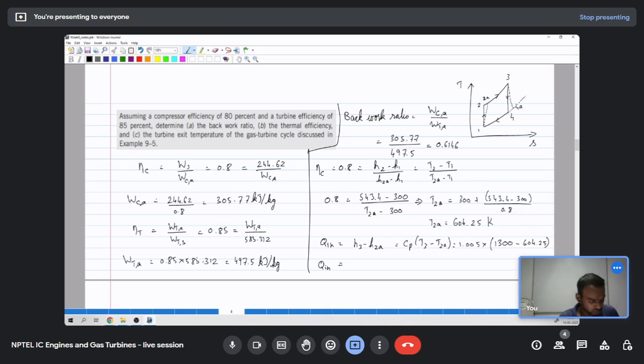So this is 699.2 kilojoule per kg. With this we can calculate the efficiency.